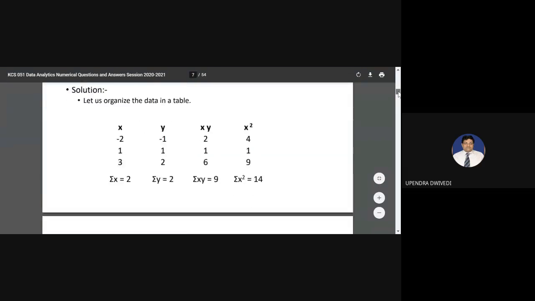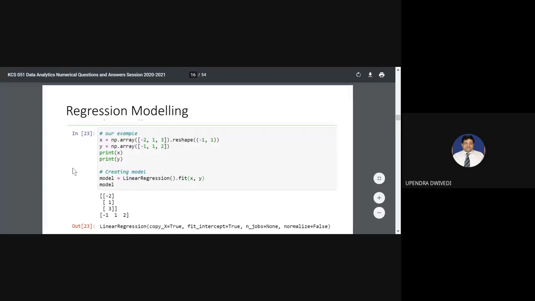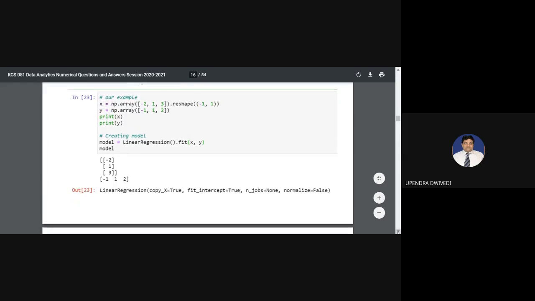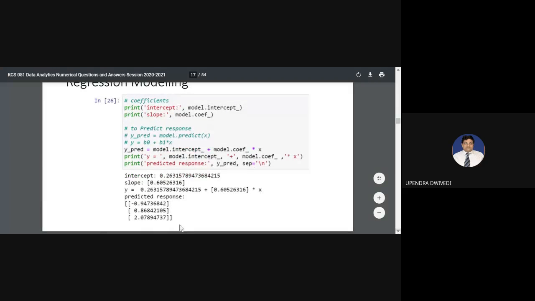Okay, so we'll go back to the code. As we pass the x and y values and call the regression model, you will get your coefficients, and your equation will be y equal to 0.263 plus 0.605 into x.